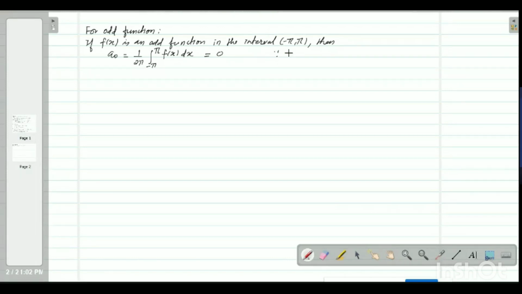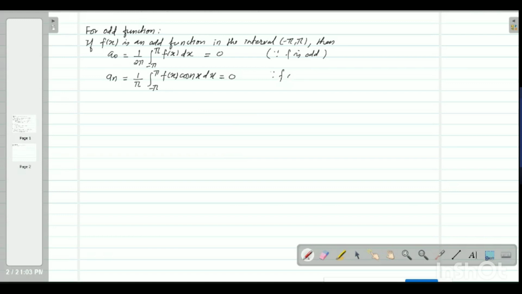Why is this so? Since f is an odd function, this integral will be 0. And an is 1 upon pi integration of limit minus pi to pi f of x cos nx dx, and this is also equal to 0.